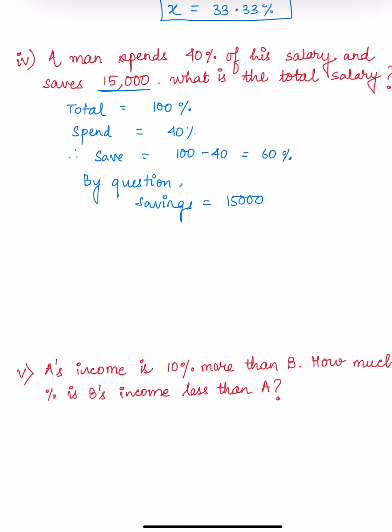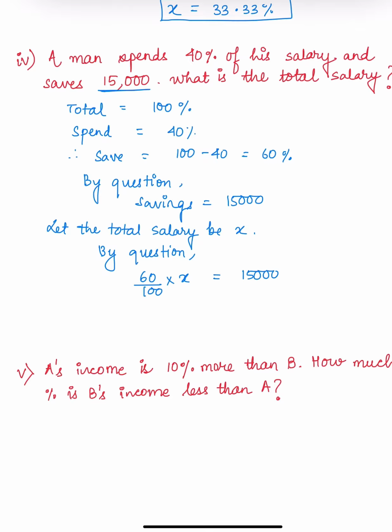We don't know the original salary, so let the total salary be X. By the question we can write that 60% of X will be equal to 15,000, because we are saving 60% and the value is 15,000.